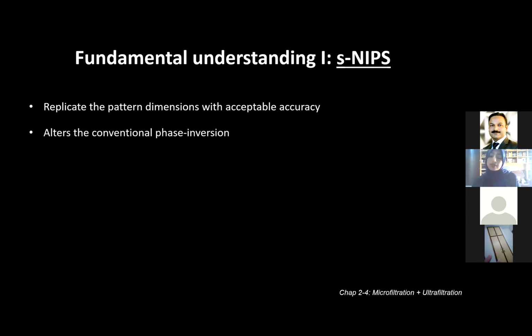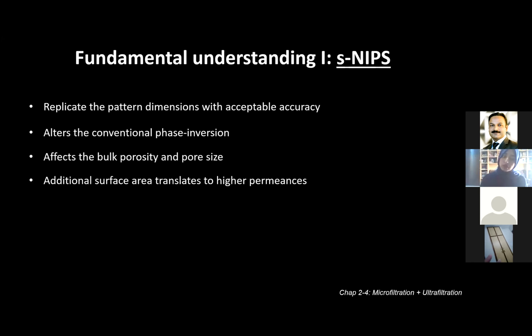Simultaneously, patterning and spraying was altering the conventional phase inversion process, which was changing the bulk porosity and pore size of these patterned membranes. This additional area was very beneficial in increasing the permeance of these membranes.